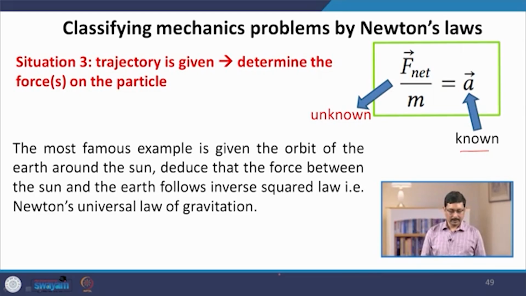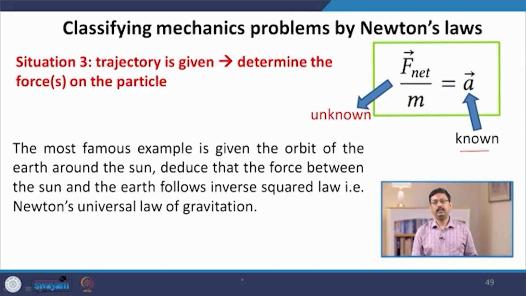The most famous example of this sort is, given the orbit of earth around the sun, deduce the force between the sun and the earth. To deduce that this force is proportional to the inverse square of the distance between earth and the sun, that is, it follows Newton's law of gravitation.